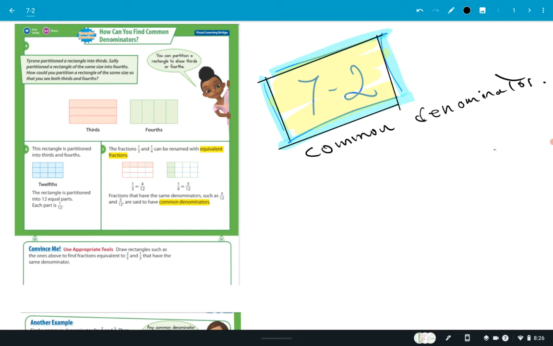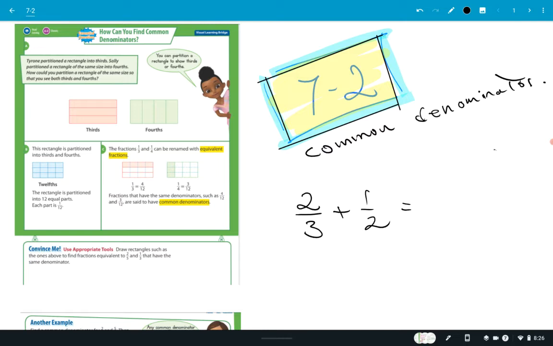And so if I had a fraction 2/3 plus 1/2, you can't add those together until you find a common denominator.